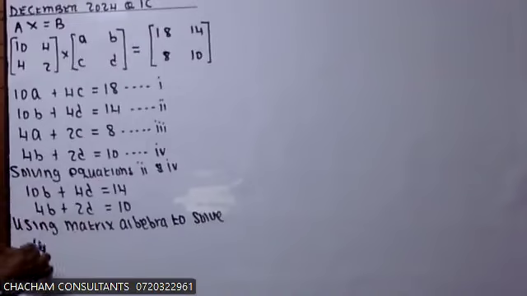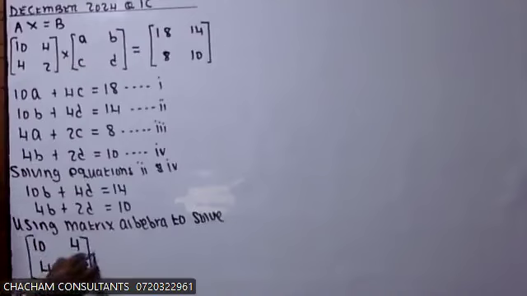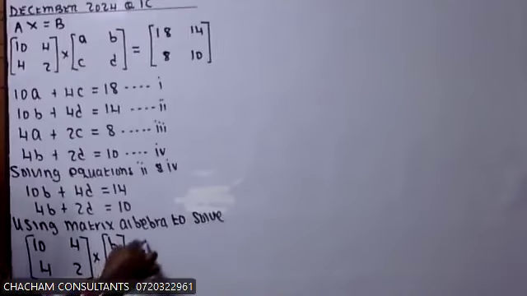So this is 10, this is 4, this is 4, this is 2. Times, this is B, this is D. Should be equal to 14 and 10. That way.